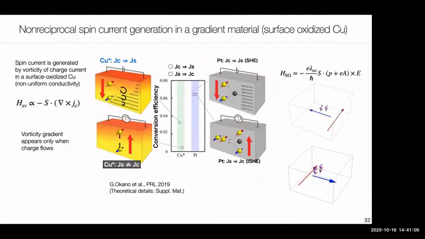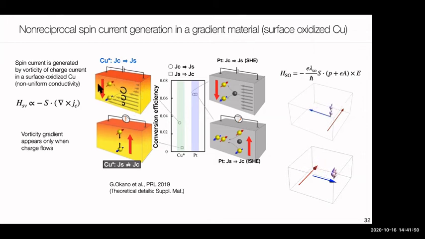Now finally, I'd like to show you a very interesting spin current generation. Previously we used moving material such as rigid rotational motion, elastic motion and fluid motion, but to obtain the vorticity field, we can prepare a non-moving material such as a surface-oxidized copper thin film.